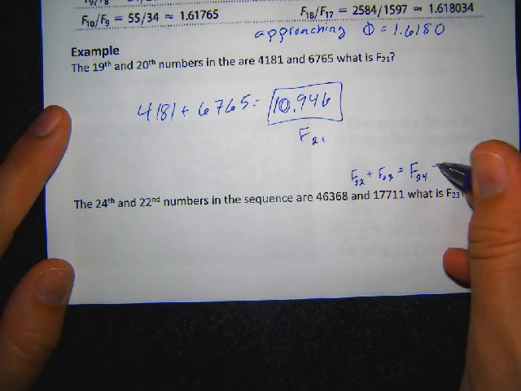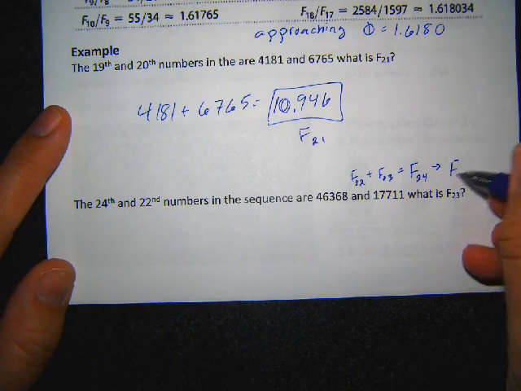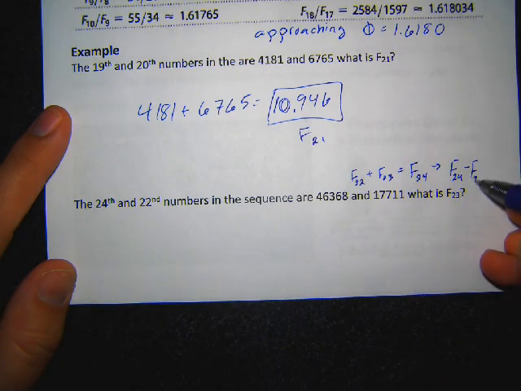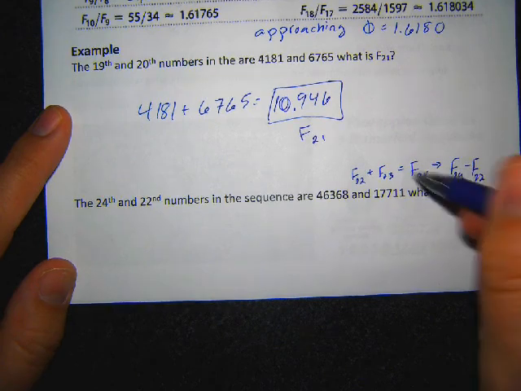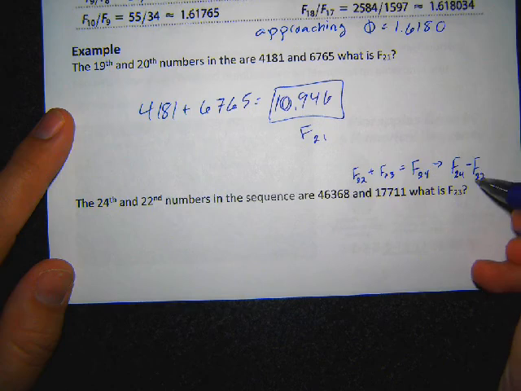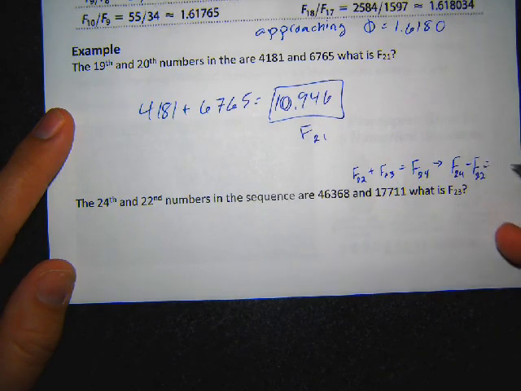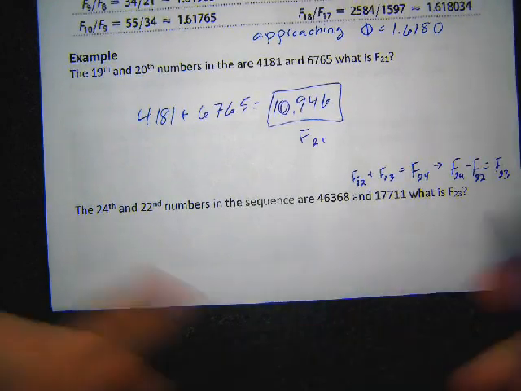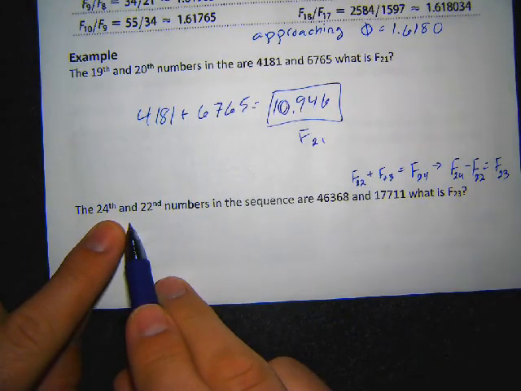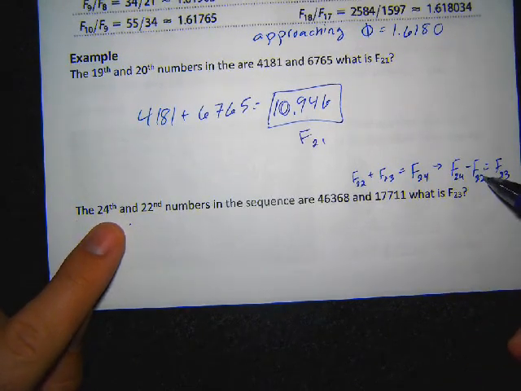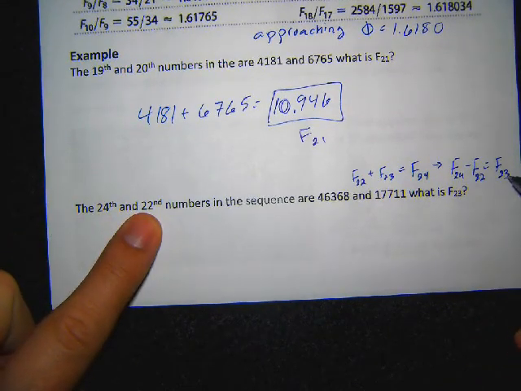But that tells us we can take the 24th number, subtract the 22nd number, and by fact families, when you learn about addition and subtraction, remember there's a relationship: if you take the big number minus one of its parts, you get the other part. We'll actually get F23. So if you want to find the number between, you just take the bigger number minus the other number you have.